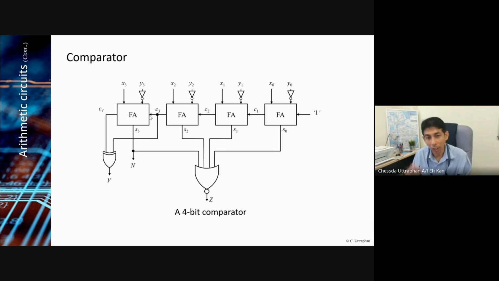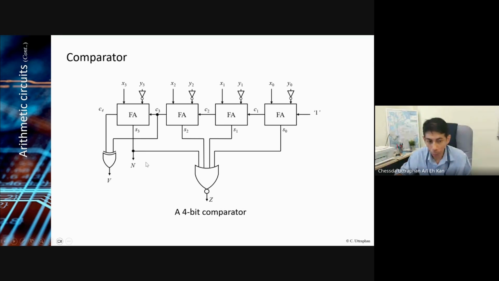Now, how do we check whether x is greater than y? X greater than y means that the result is positive, right? How to check whether the result is positive? We check S3, the MSB, because the MSB is the sign bit. If the sign equals 0, the result is positive, and when the result is positive, x must be greater than y.